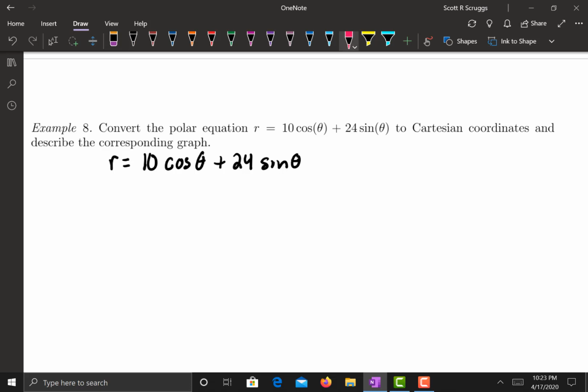So if I'm ever trying to do this type of problem and I have sine and cosine, my thought process always for these problems is to go back to our parametric equation for a circle that we learned before. So I need an r multiplied to this cosine and this sine in order to substitute in for x and y.